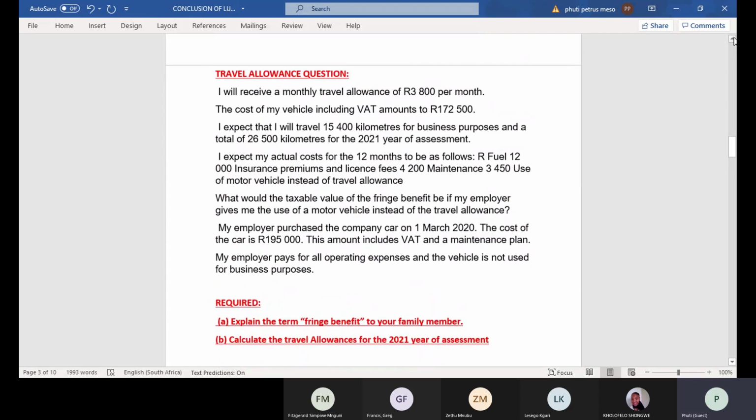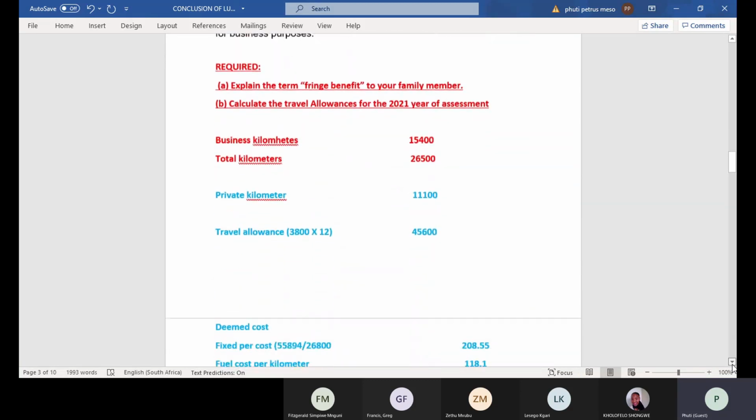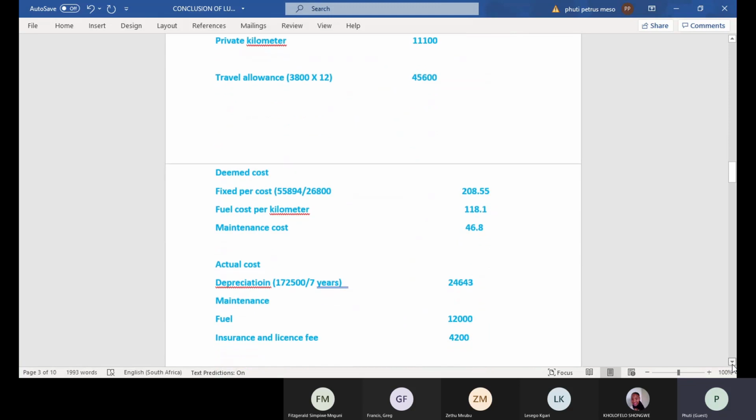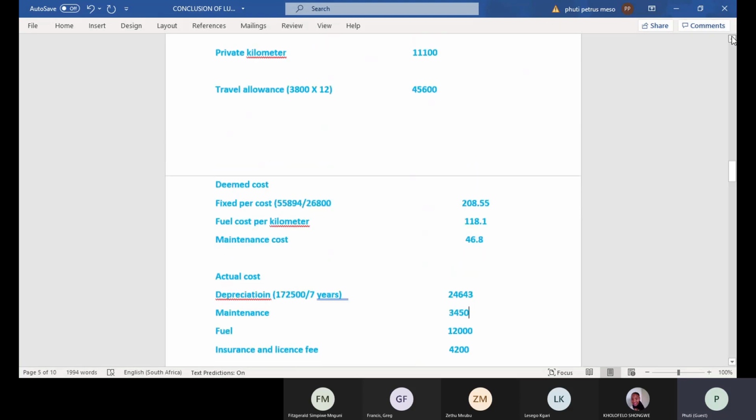It's 4,200 and maintenance is 3,450. Is there fuel? Let's see if we've got a fuel.